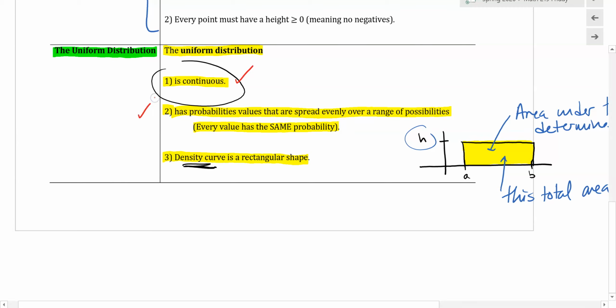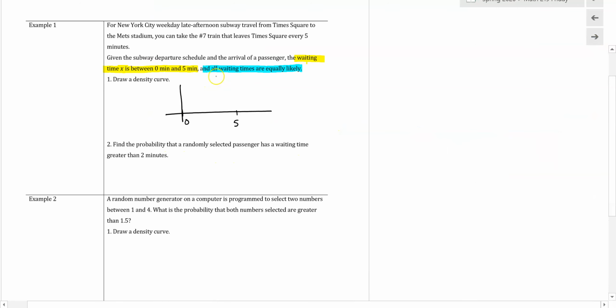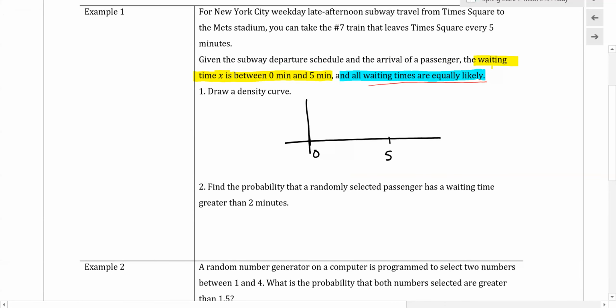The probability of each wait time is the same as every other wait time, which they tell us is true in the problem. The wait times are all equally likely. So it's just as likely that you'll show up and have to wait 4 minutes as it is that you'll only have to wait 1 minute. It's just random luck of the draw. And if that's the case, your density curve is going to come out to look like a rectangle. It's going to have some height that we'll have to determine.